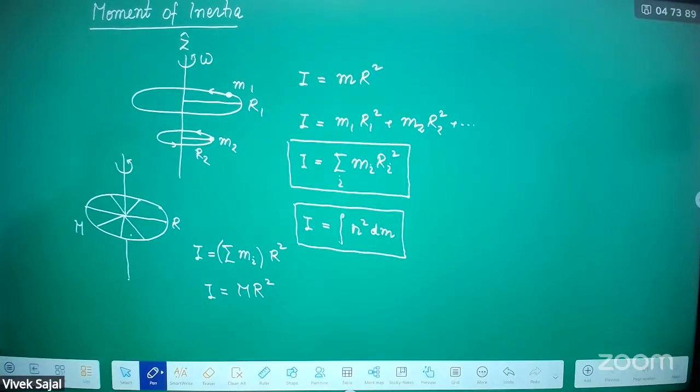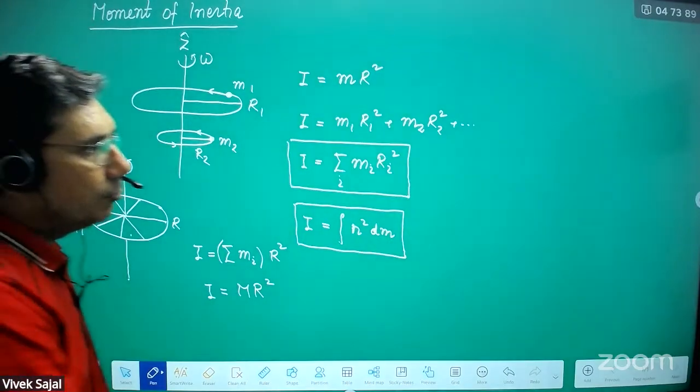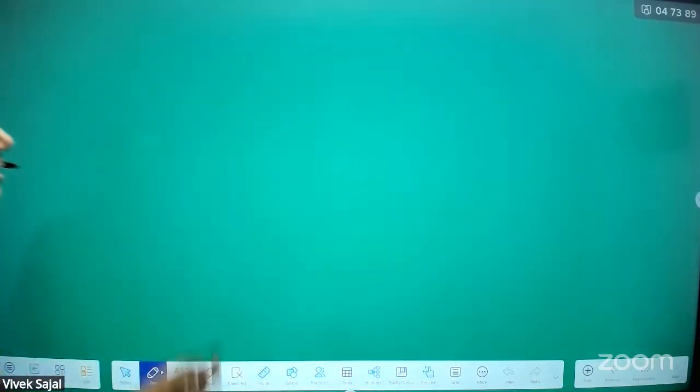After that, we find out the moment of inertia of a disk.